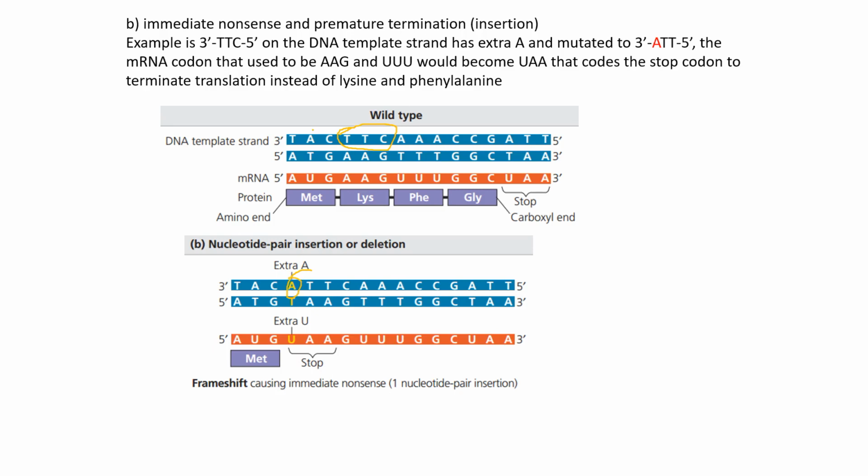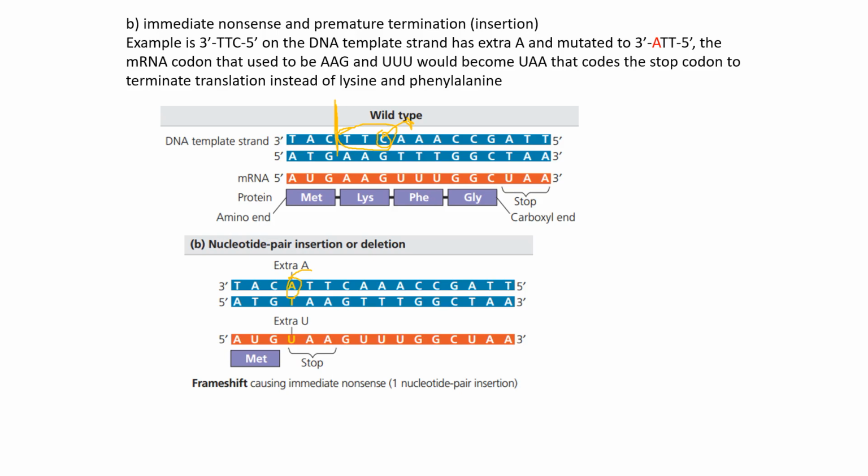So the DNA template strand will be mutated to ATT, whereas it should be TTC. So the C here, because initially it was TTC, will shift to the adjacent downstream.